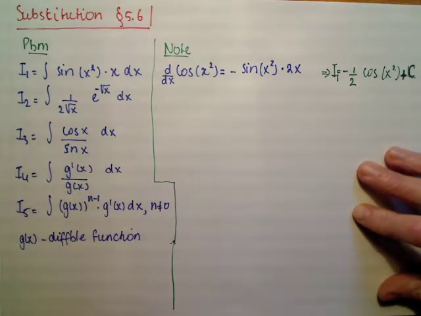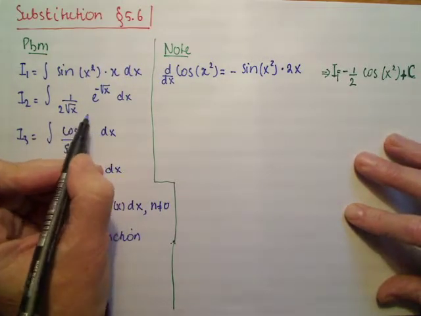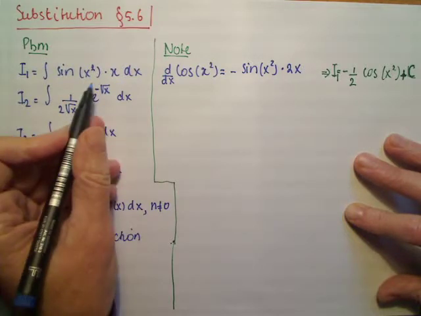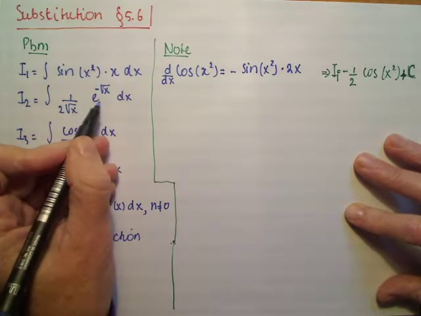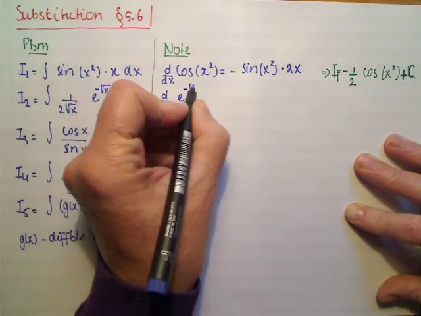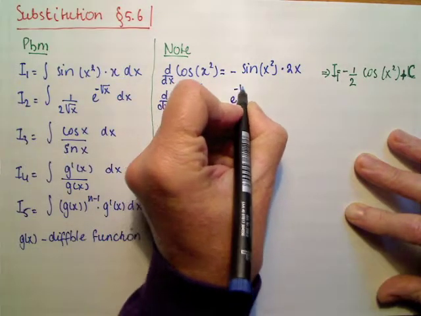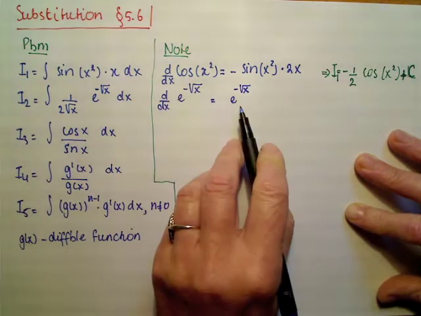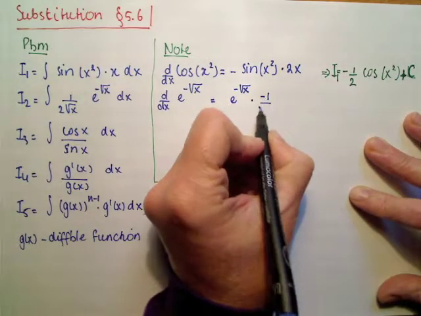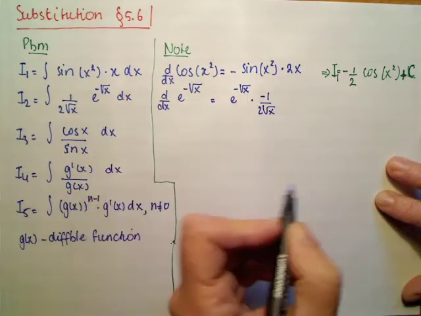Now let's look at the second integral. Of course, the primitive should contain a factor which has e to the minus square root of x in it. So let's compute the derivative of that one, and then we get the same function e to the minus square root of x multiplied by minus 1 over 2 square root of x, which is the derivative of this power by virtue of the chain rule.